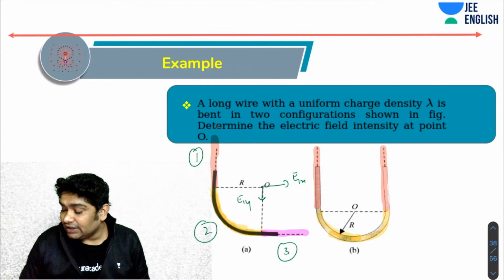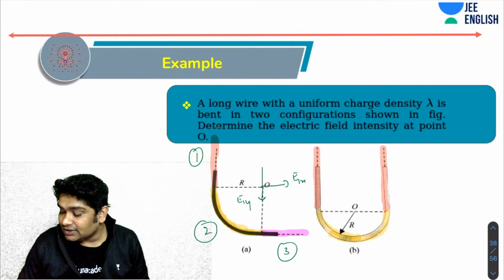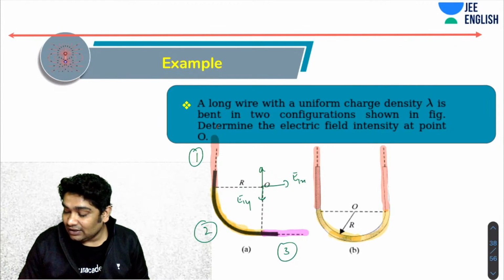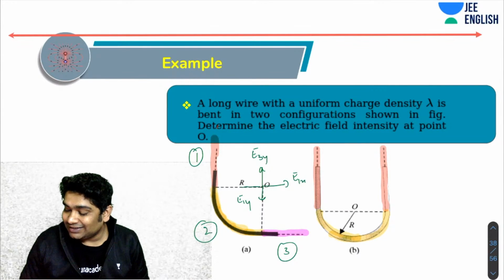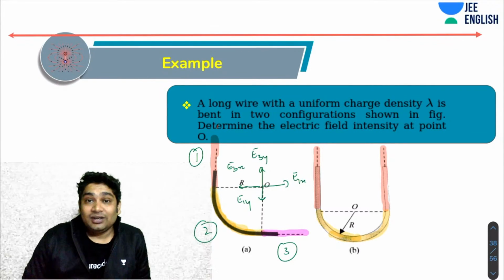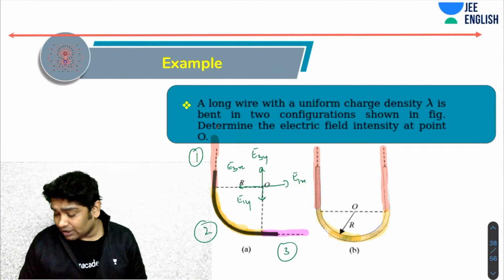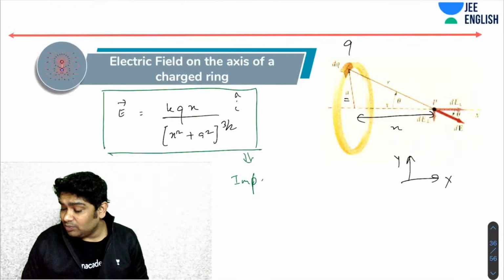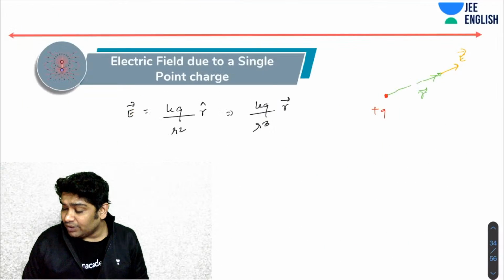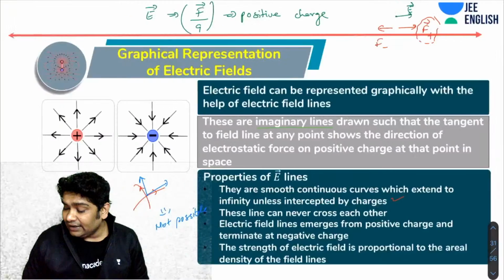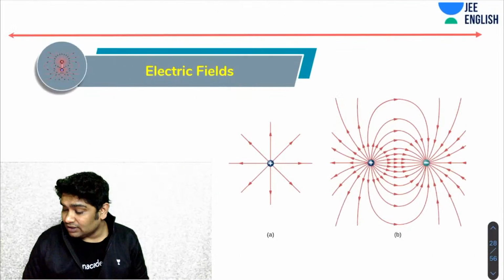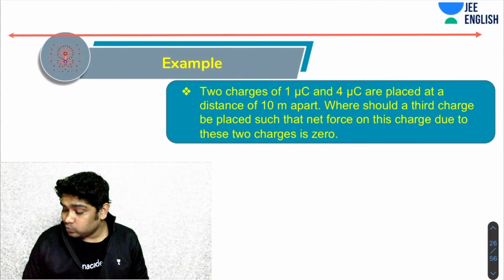Similarly, this section 3 would have created a field like this, Ey, and would have created something like this, Ex. Now, due to the symmetry, you should remember for such a case, both the components will have exactly identical values.